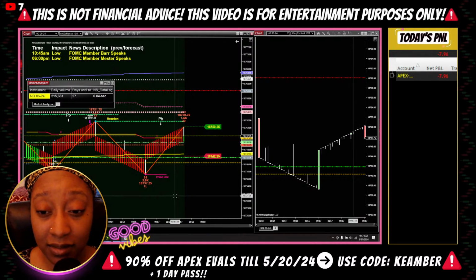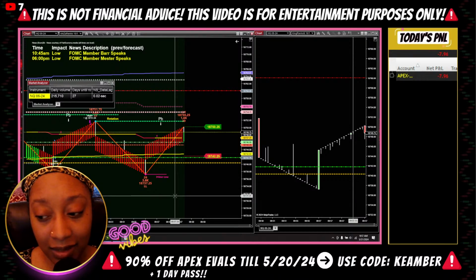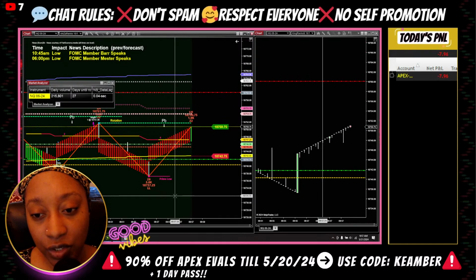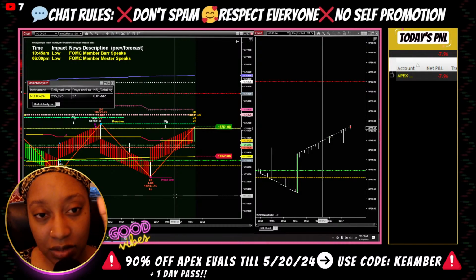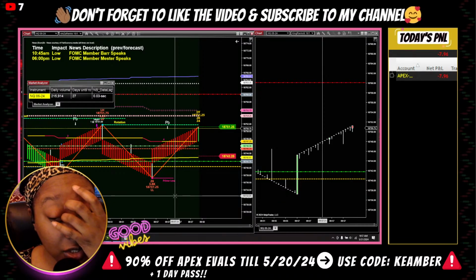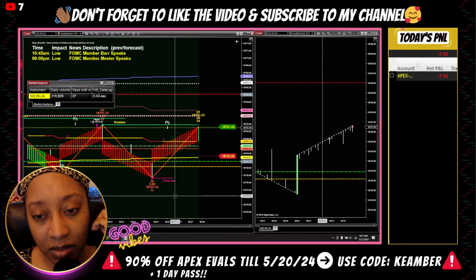The problem is when you close the program and you reopen it and it has to load all of the 7 days worth of data, indicators, all of that, and you have the tick replay data on, it's fine if you're not on the current day. But when you're on the current day, it causes so many issues with NinjaTrader. So that's why my charts were stuck.